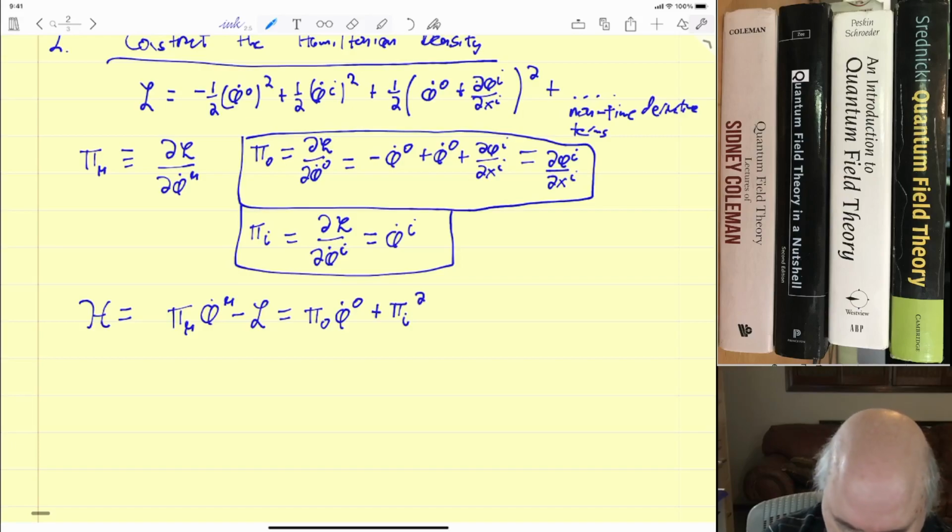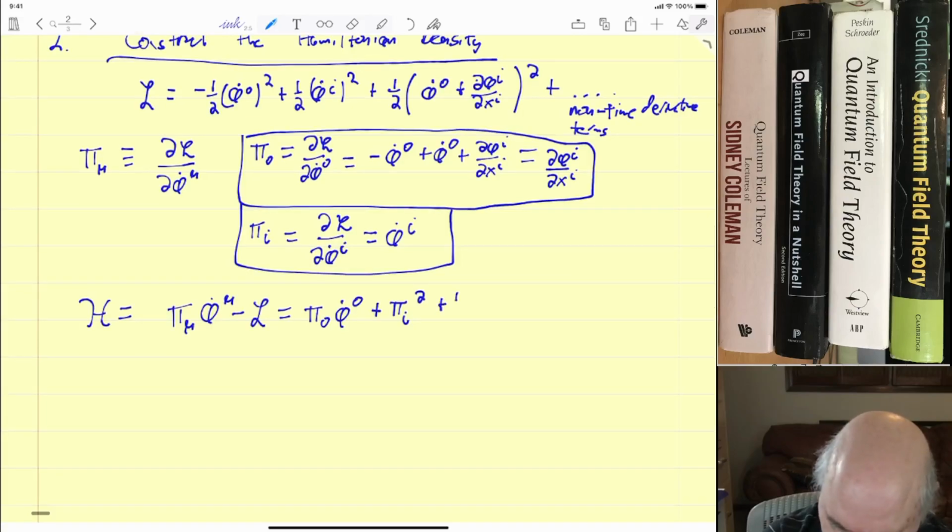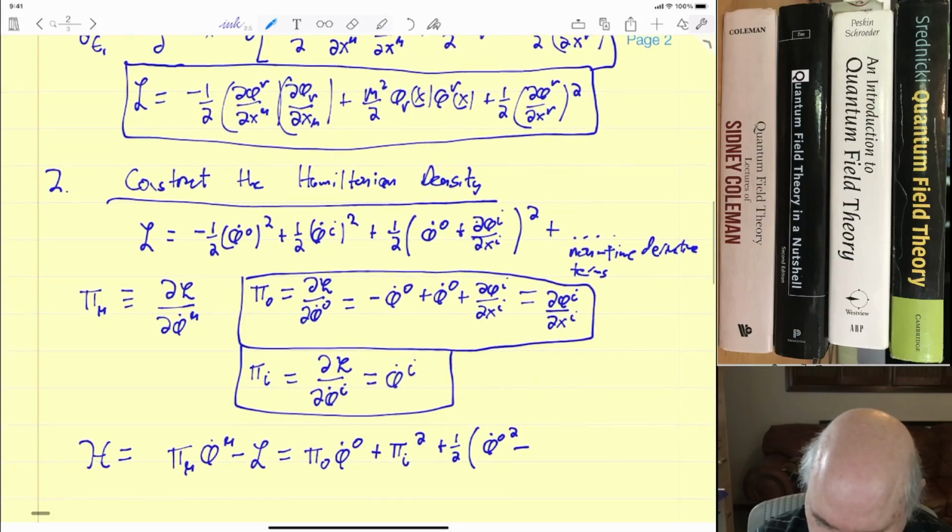And now I have to subtract all the Lagrangian here. So it's minus this. So I'm going to have plus 1/2 phi dot 0 squared. And okay, I want to go back to the whole Lagrangian here.